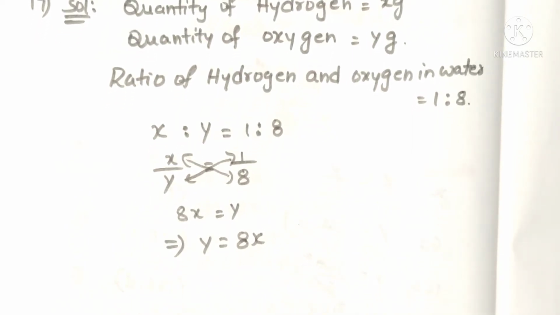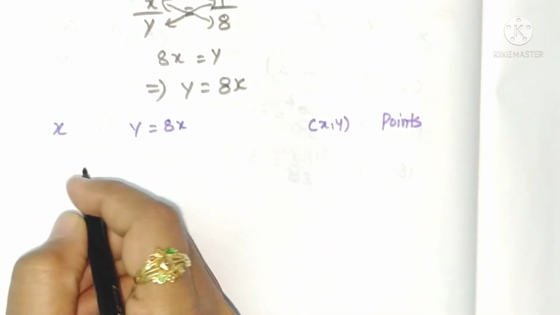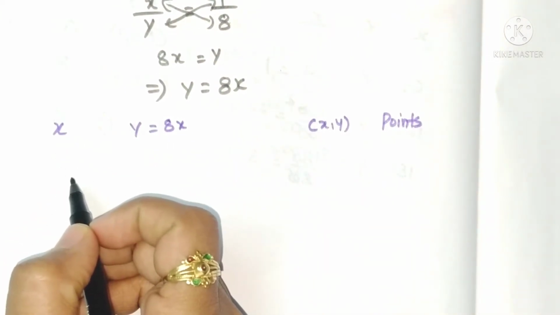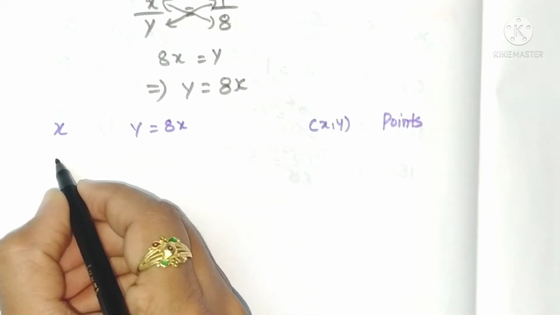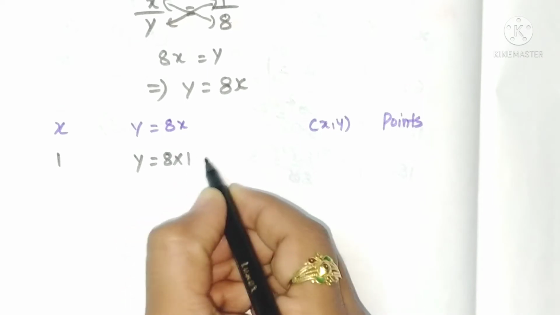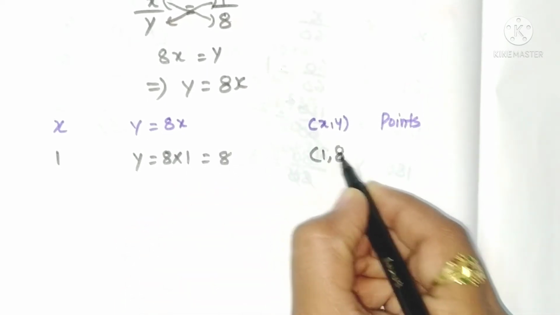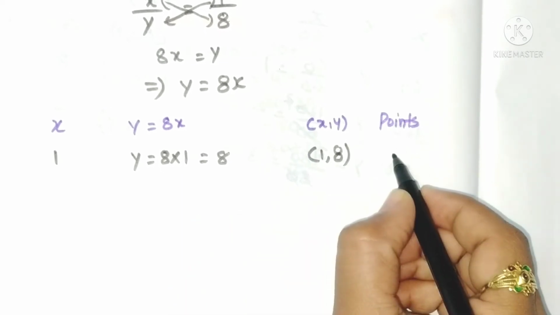Now we have to find the points. So here x is quantity of hydrogen. So if x is 1, y equals 8 into 1, that is 8. So x is 1, y is 8.